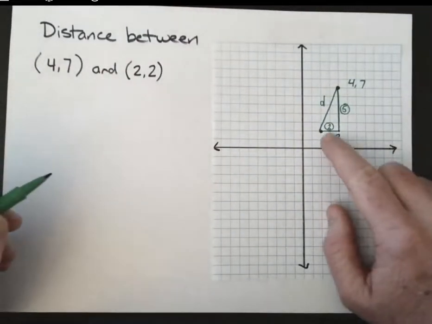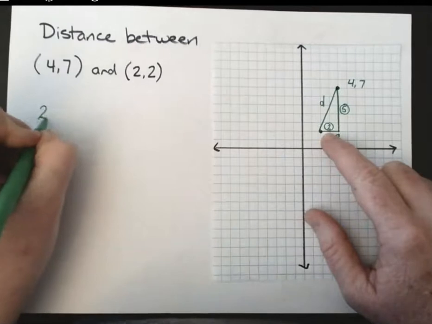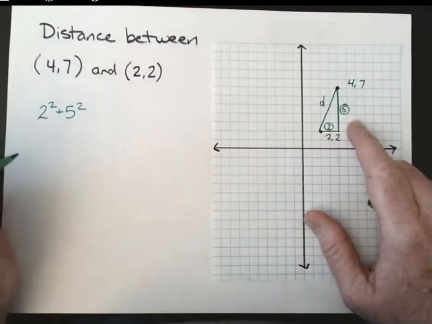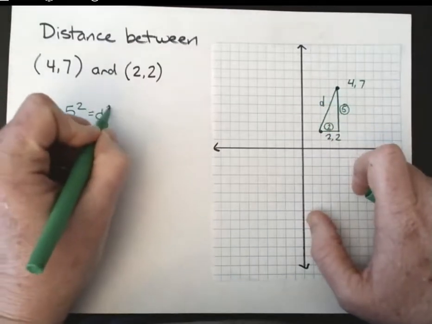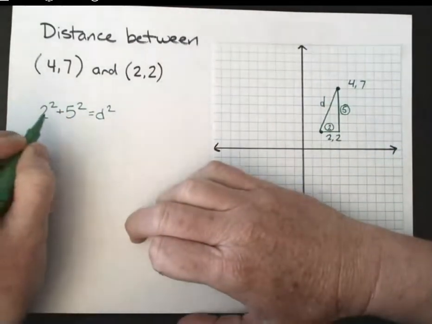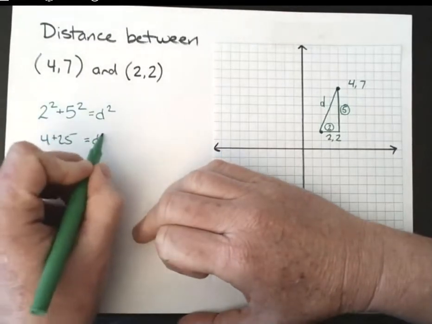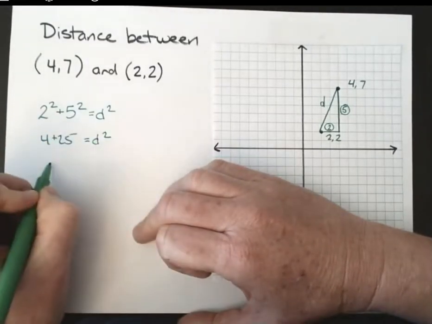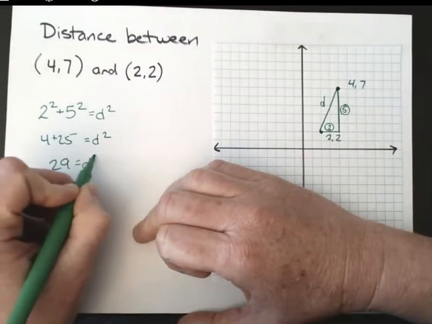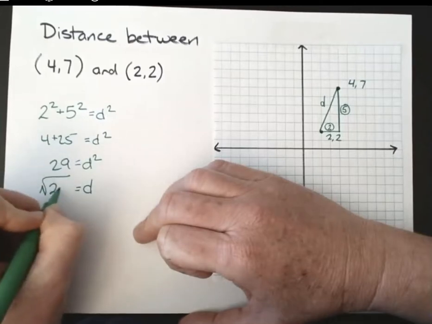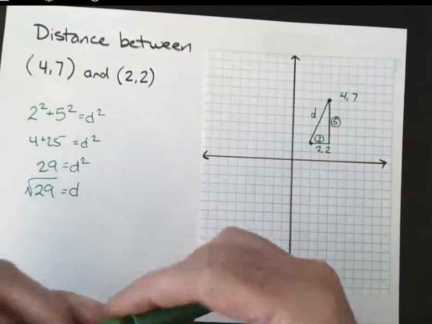So essentially what we're going to have is 2 squared plus 5 squared is equal to d squared, right? So we have 4 plus 25 is equal to d squared. 29 equals d squared. So the distance is the square root of 29.